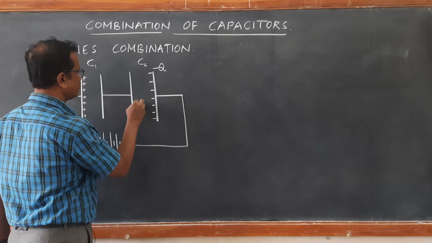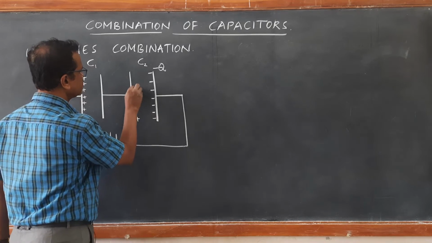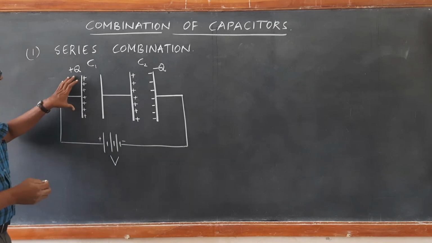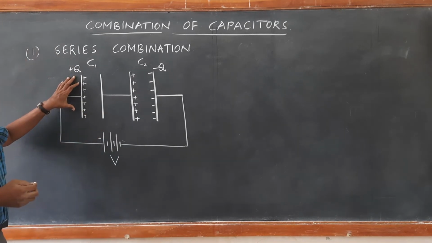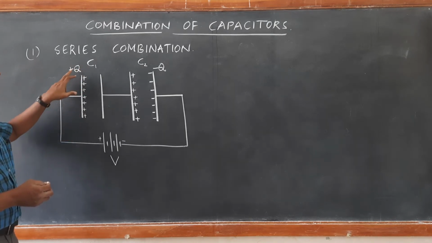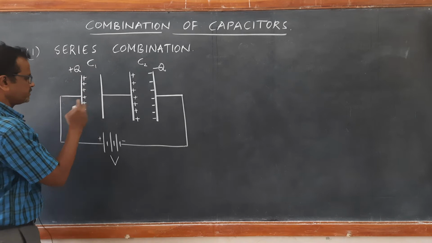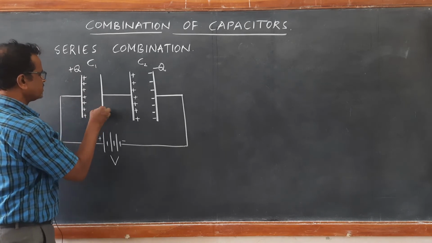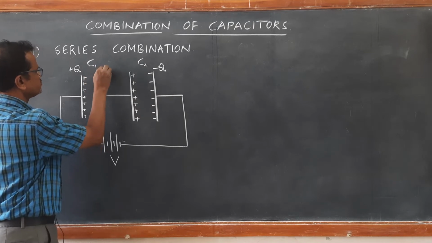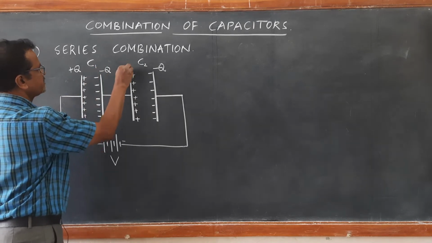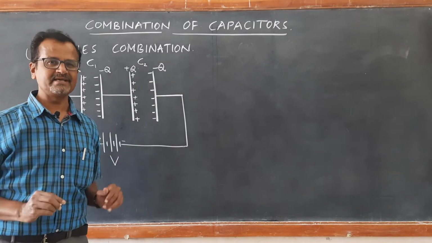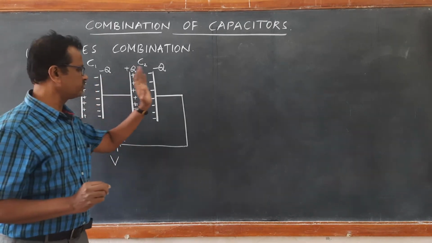So the same amount of positive charge is developed here, and once the left side plate of C1 is positively charged with q amount of charge, it will induce the same amount of negative charge. And you can see very interestingly the charge on both the capacitors remains the same: plus q, minus q, plus q, minus q.